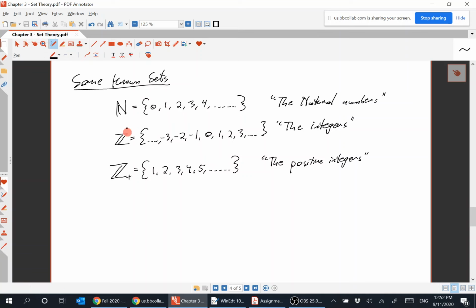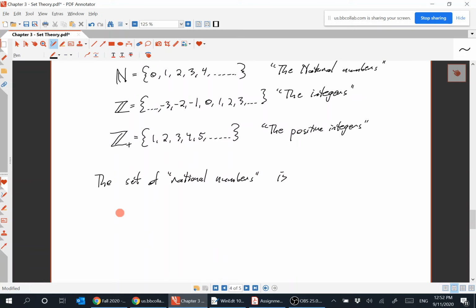Okay, so now that we have these known sets, consider the following. The set of rational numbers is as follows. It's this Q with this neat little boldface notation.